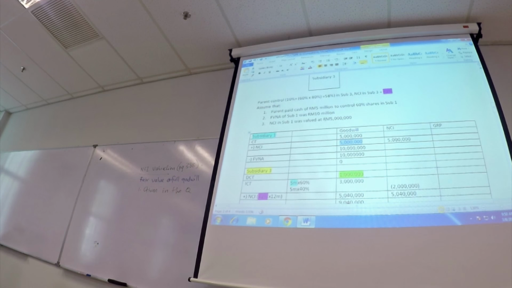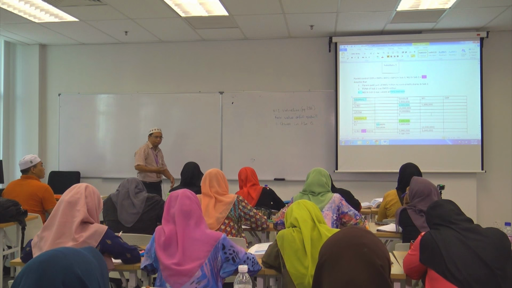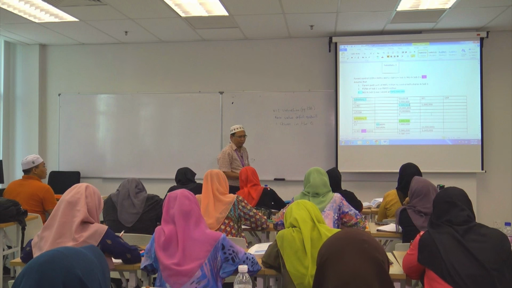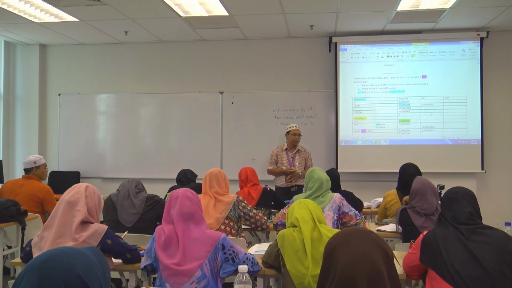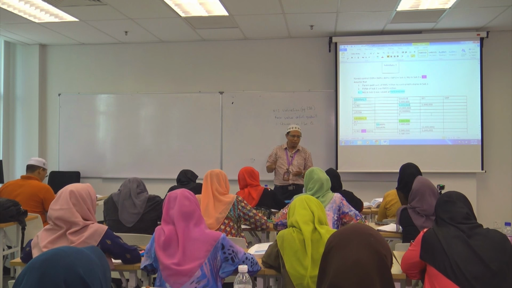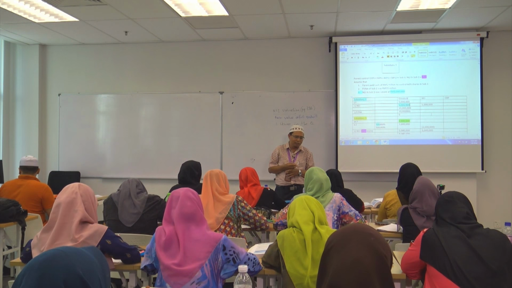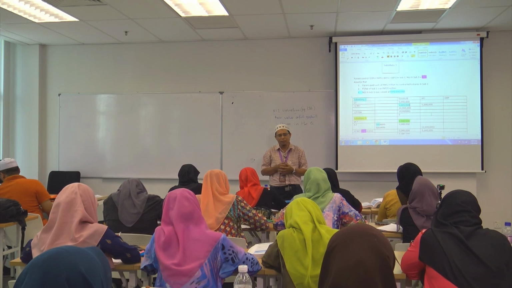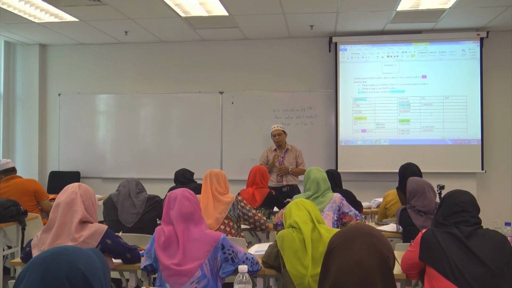Once the NCI is given, 5 million, you just put it there. In some past semester exams, if you go through them, the NCI value is given, especially if you have many subsidiaries. If you have 3 subsidiaries, for example, then maybe 2 of them are given and 1 you calculate. So that's number 1.